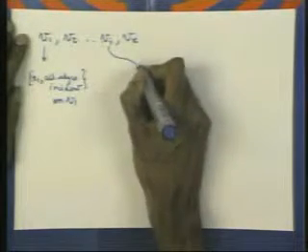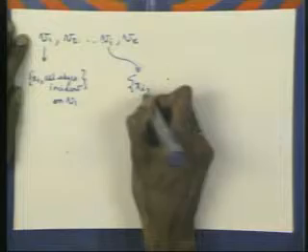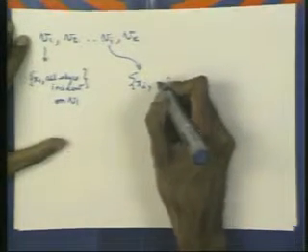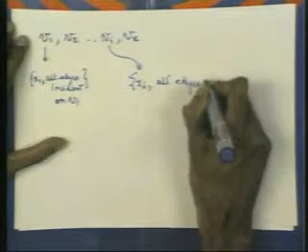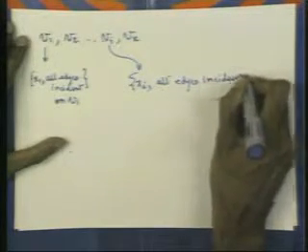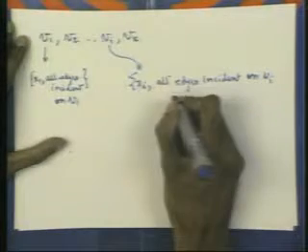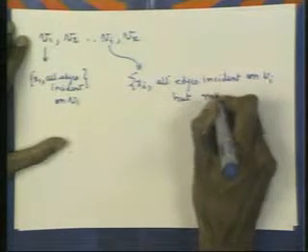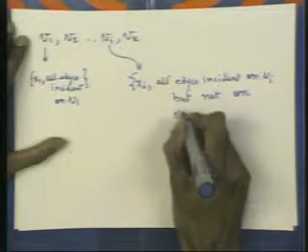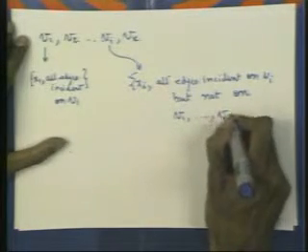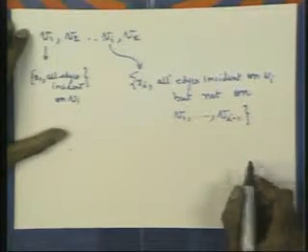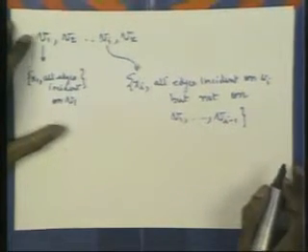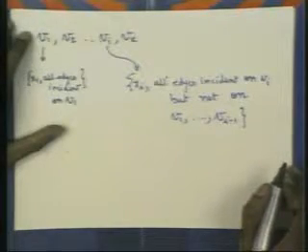I pick this set. With vi, I pick the set xi comma all edges incident on vi, but not on v1 and so on up to vi minus 1. This is my set which I pick, and you can check that this is an exact cover.